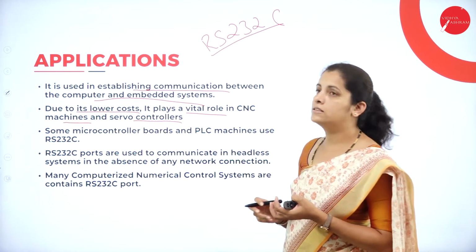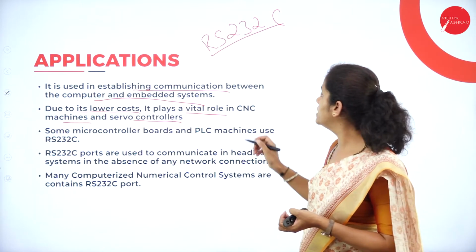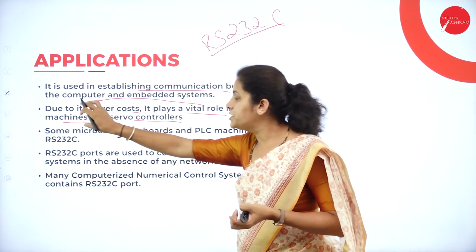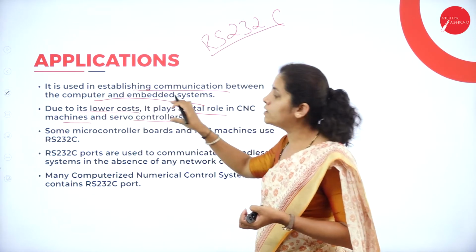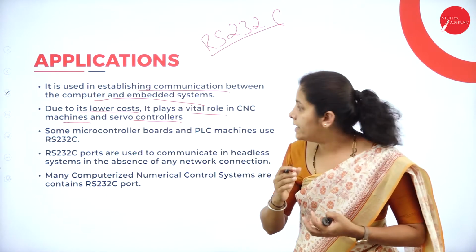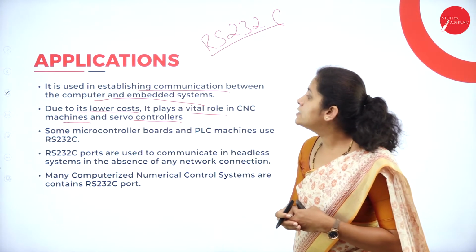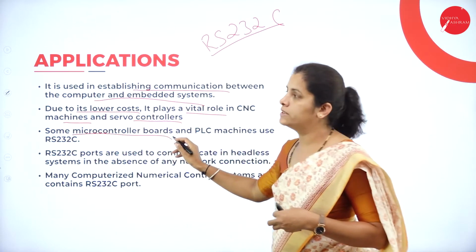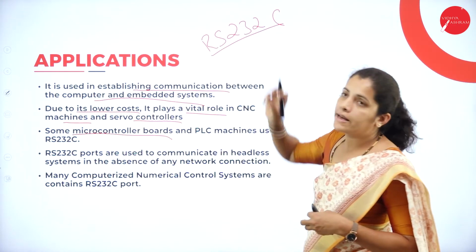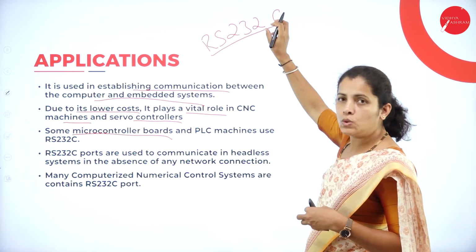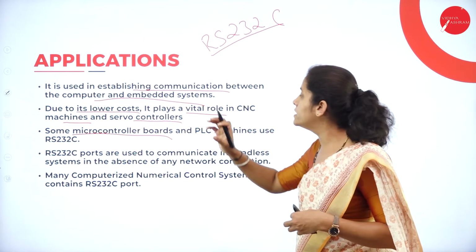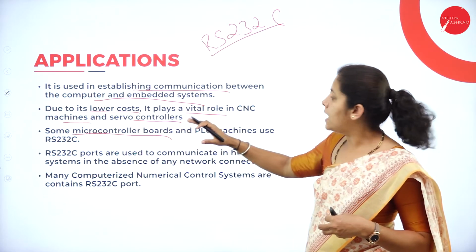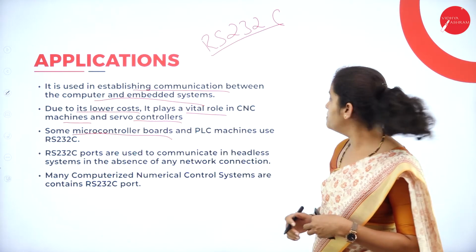Because of that reason, it is mainly used in CNC machines and servo controllers. Another application is that it is also used in microcontroller boards. RS-232C is mainly used in microcontrollers as well as PLC machines.